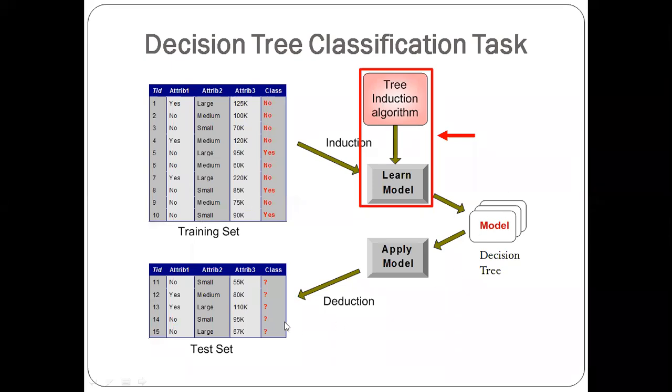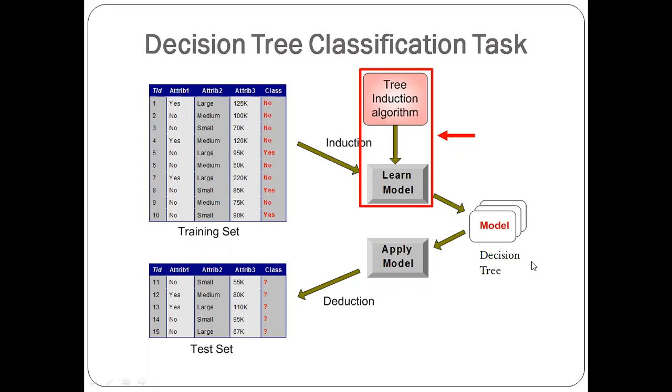Again, coming to the general approach that we follow in classification: I said that using a learning algorithm, we will be building a model. Here we use a decision tree induction algorithm for learning the model with the help of a training set.